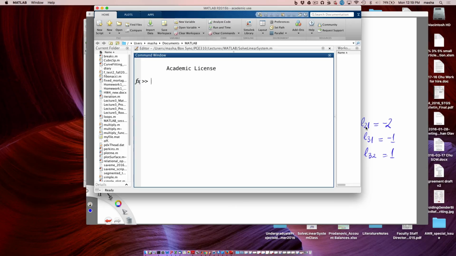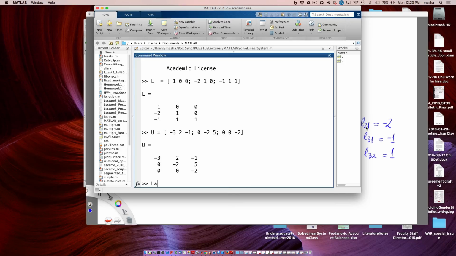Now let's check that it works. I claim that L is 1, 0, 0, minus 2, 1, 0, minus 1, 1, 1. There's my L. My U is minus 3, 2, minus 1, 0, minus 2, 5, and 0, 0, minus 2.